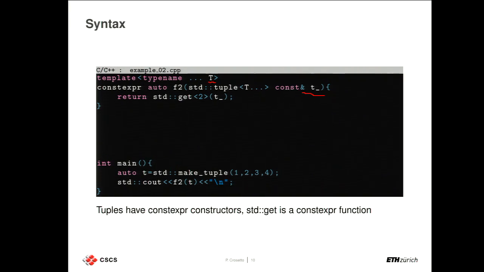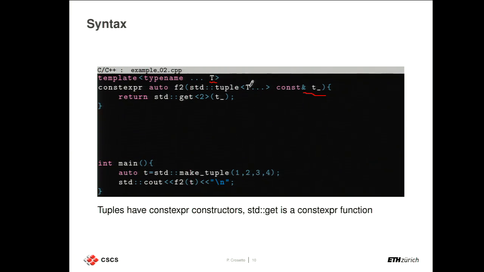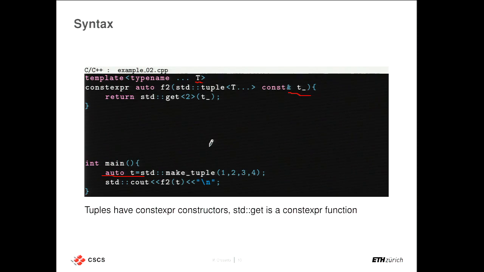So you cannot have it Constexpr if T is not a literal, let's say that one of those is a standard string. Here you could put Constexpr auto, and it would work, and it would be at compile time.